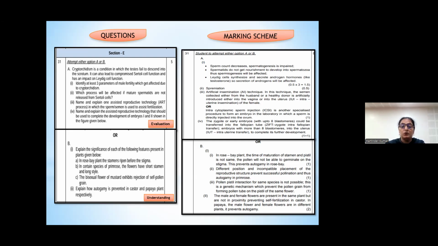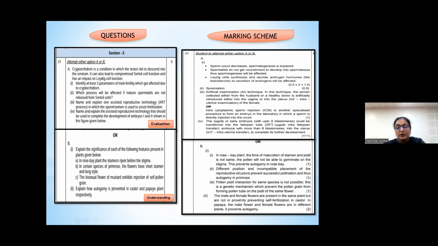Second is related to understanding. In this, they have to give a simple explanation giving the significance of the features present in the plants. They have asked about a Salvia plant, where the stamens ripen before the stigma.